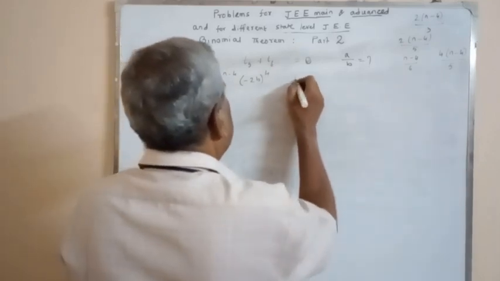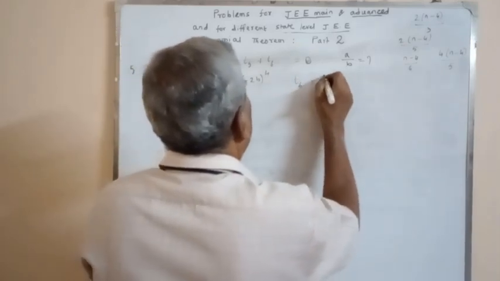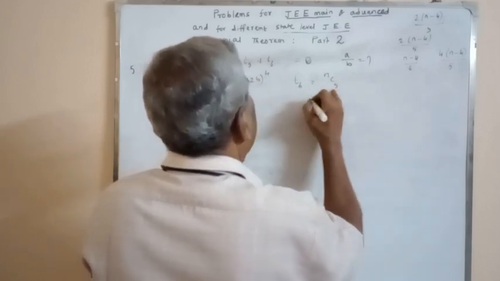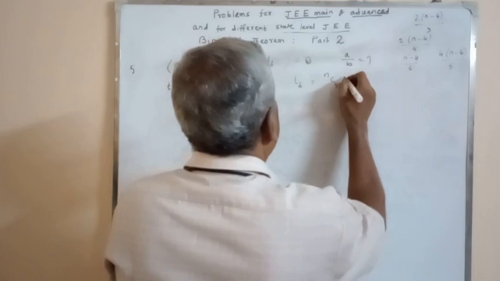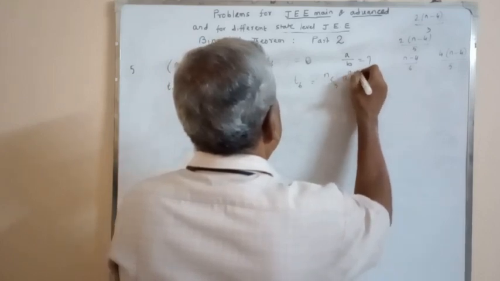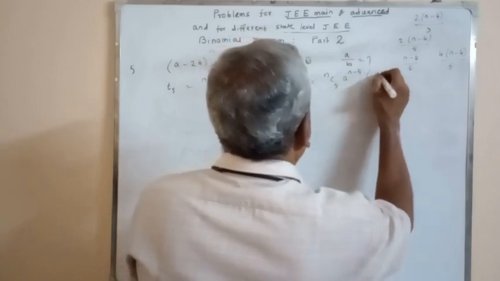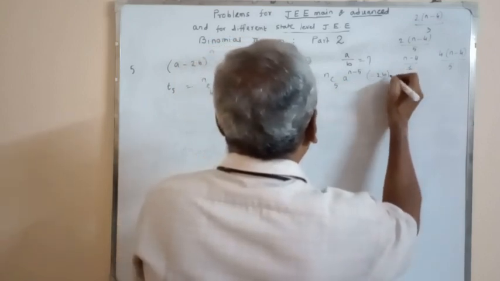Similarly, T6, the sixth term, is equal to nC5, one less than that. A to the power n minus 5, and the difference into the second term is minus 2b to the power 5.